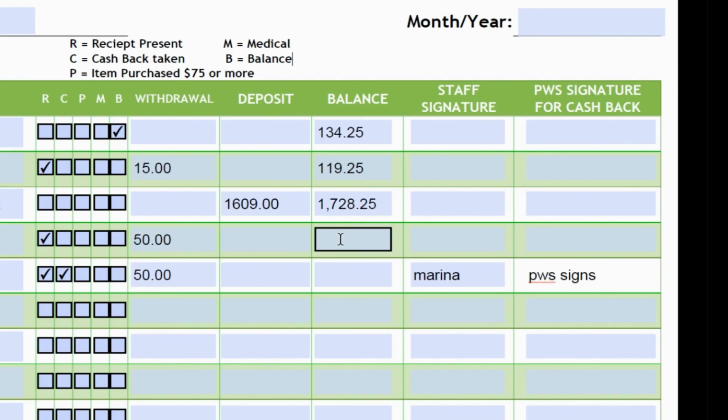And so then again, we're going to update the balances. 1728.25 minus 50. So that's 1678.25. And then minus another 50.